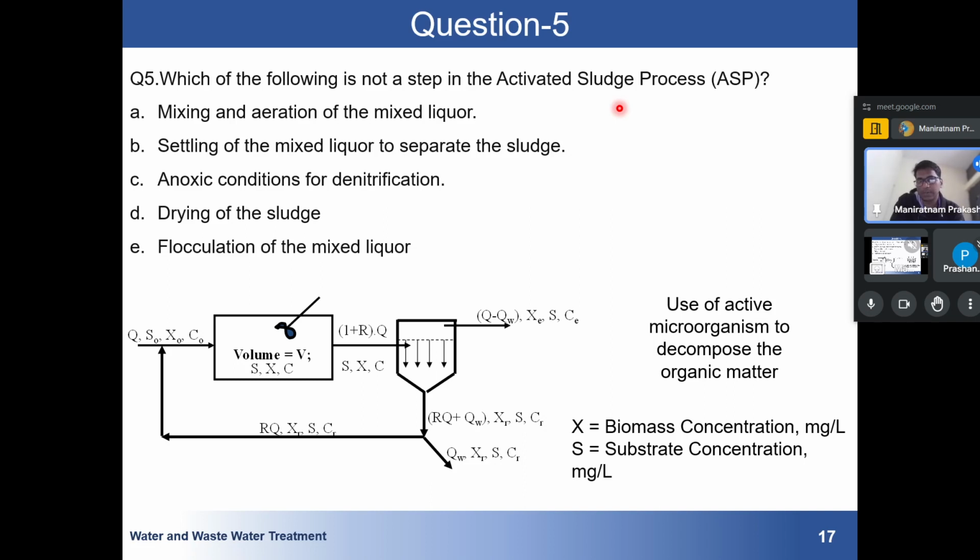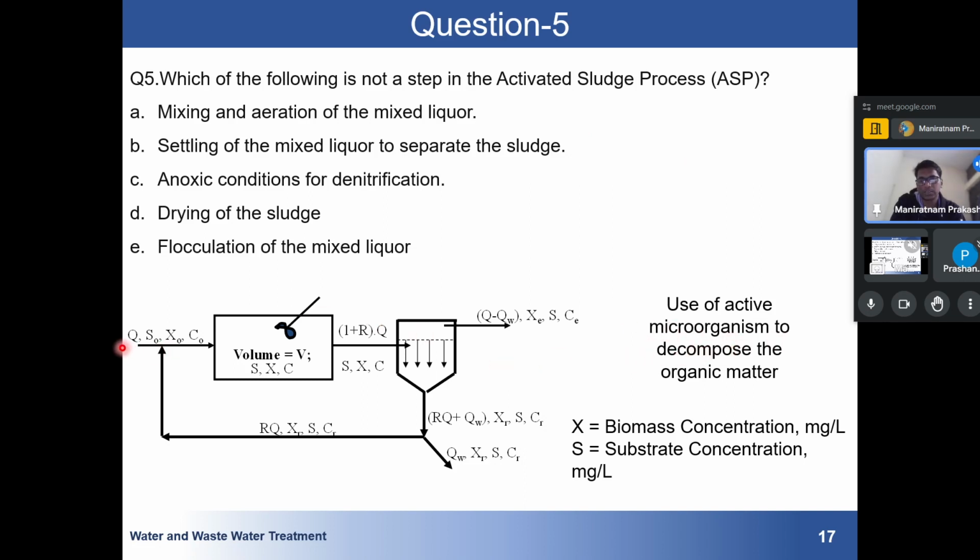But we have to treat our wastewater in a rapid manner, because every day a huge amount of wastewater is coming to your treatment unit, so you don't want to waste time treating single batches of wastewater. So to decompose the organic matter via microbes, we activate it by use of some microorganisms.